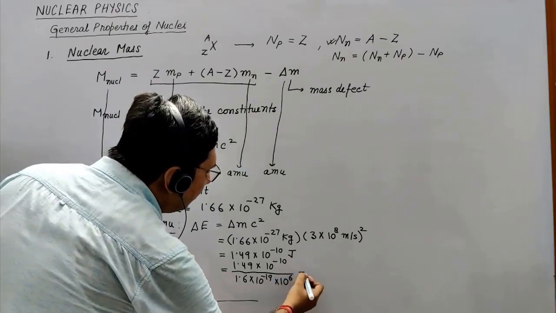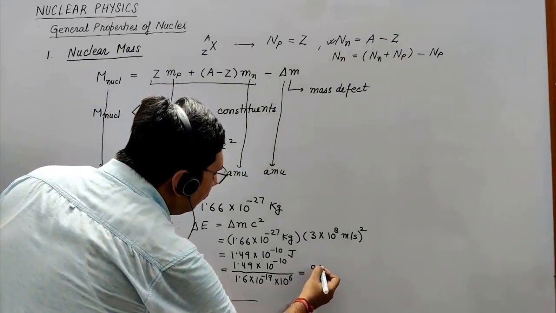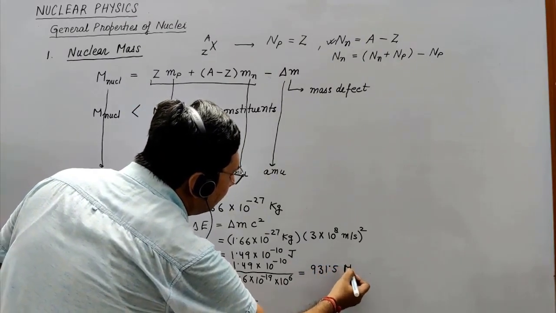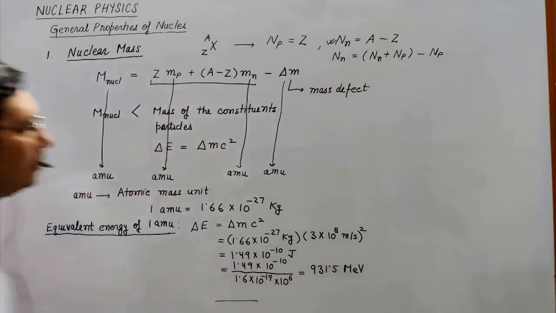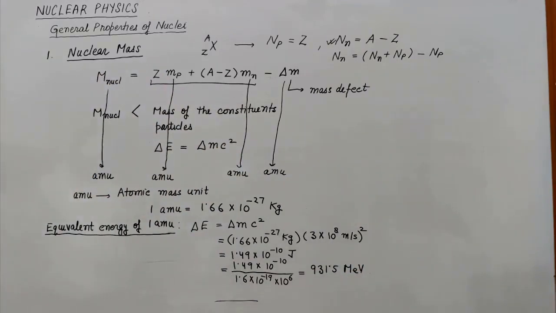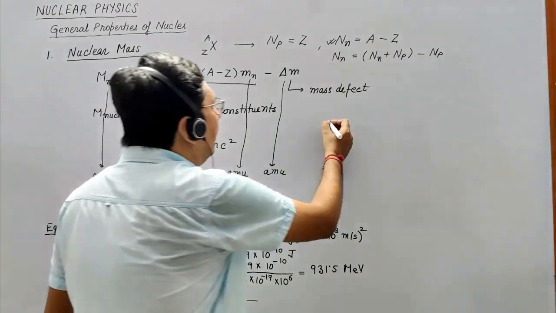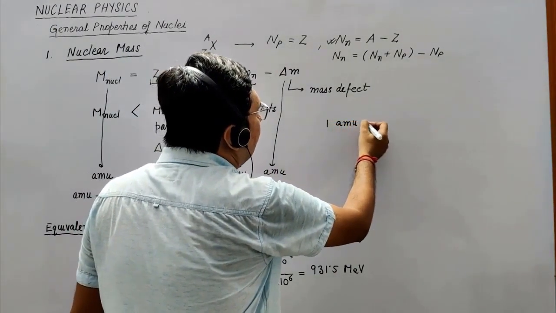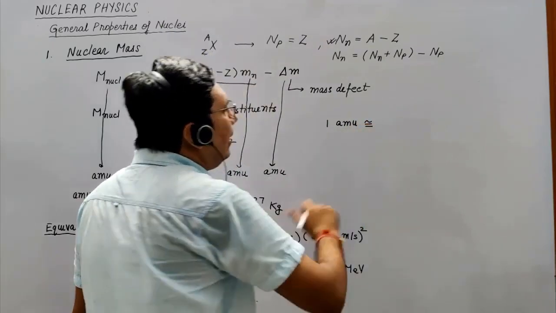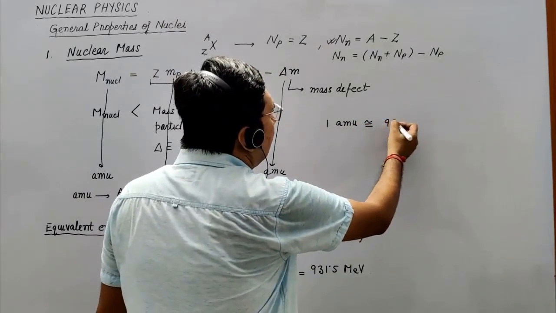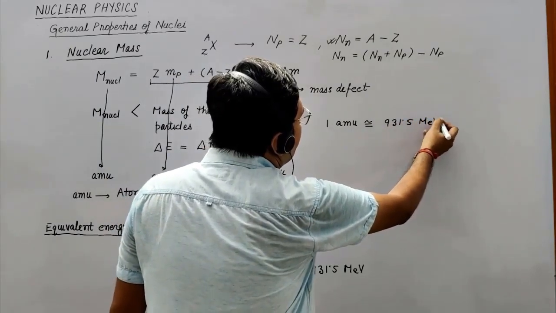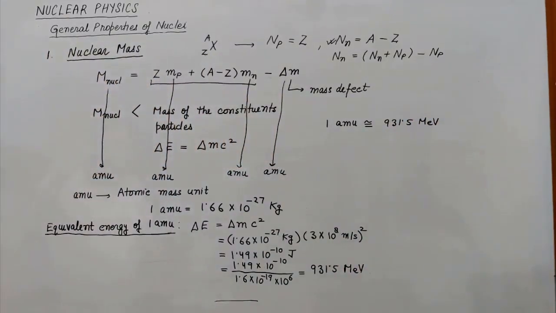You will find that this comes out to be 931.5 MeV. So this is the conversion unit. Whenever you want to convert 1 AMU mass into energy, the equivalent energy will be 931.5 MeV.